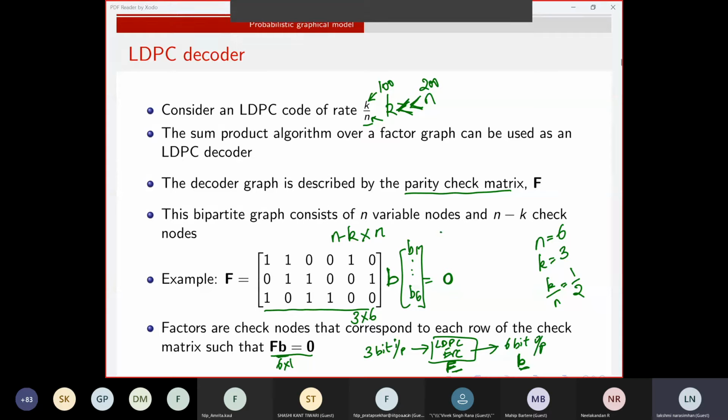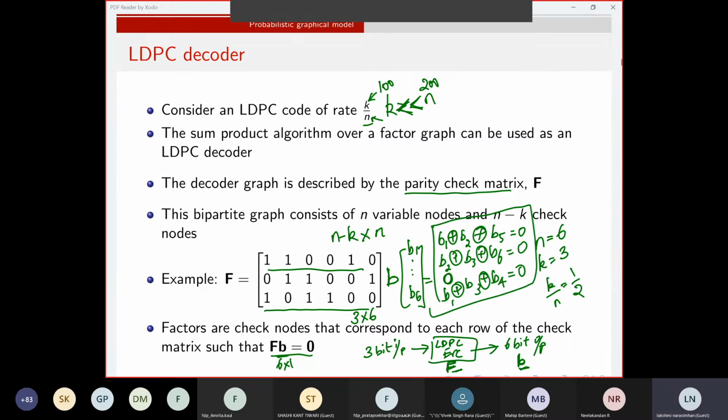The first row tells us that B1 XOR B2 XOR B5 is equal to 0. The second row tells us that B2 XOR B3 XOR B6 is 0. And the third row tells us that B1 XOR B3 XOR B4 is 0. So we have these 3 constraints, and any code word obtained after LDPC encoding should satisfy them.